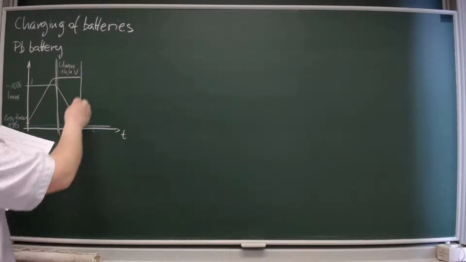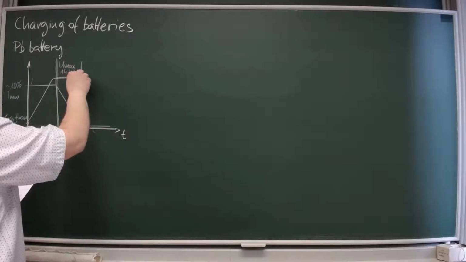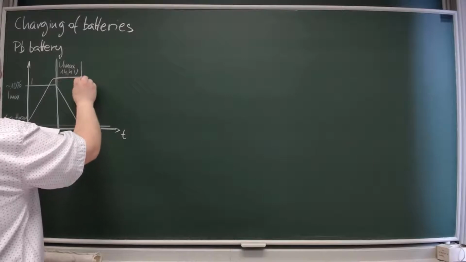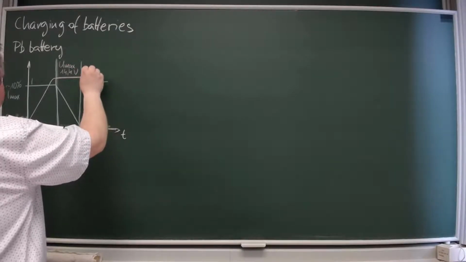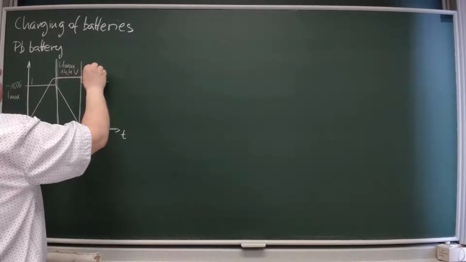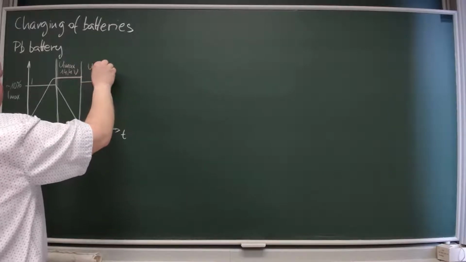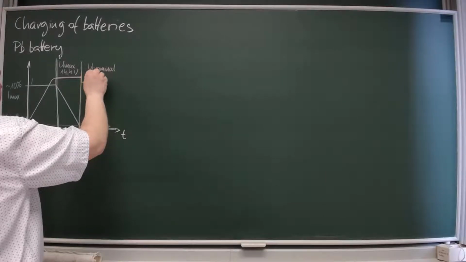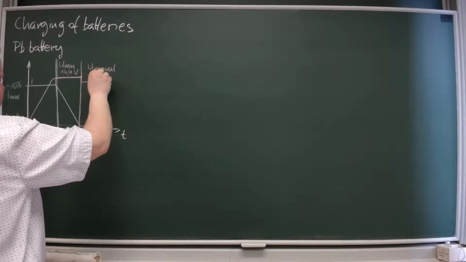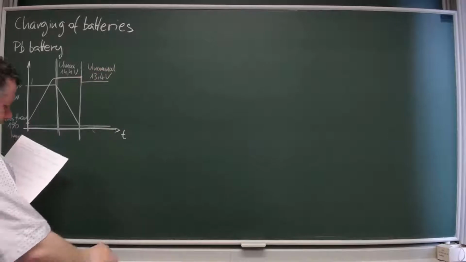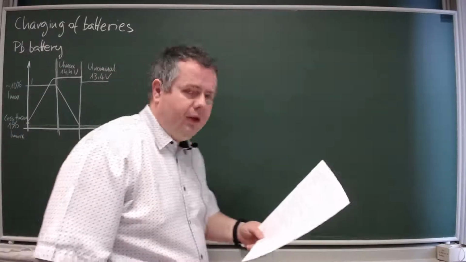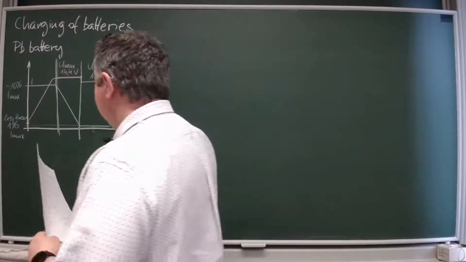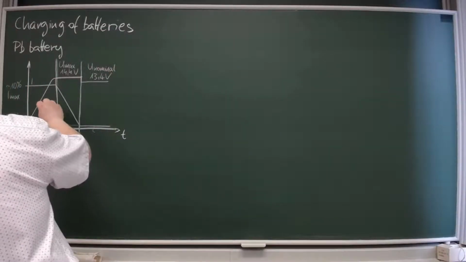And then there's a jump after the switch off of the large current, and we get a U nominal that's around 13.4 volts, let's say. So we get 3 quite different stages if we consider the current and the tension.